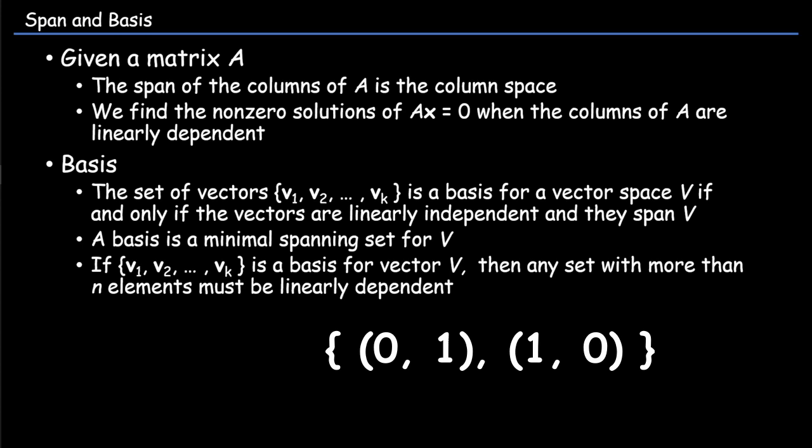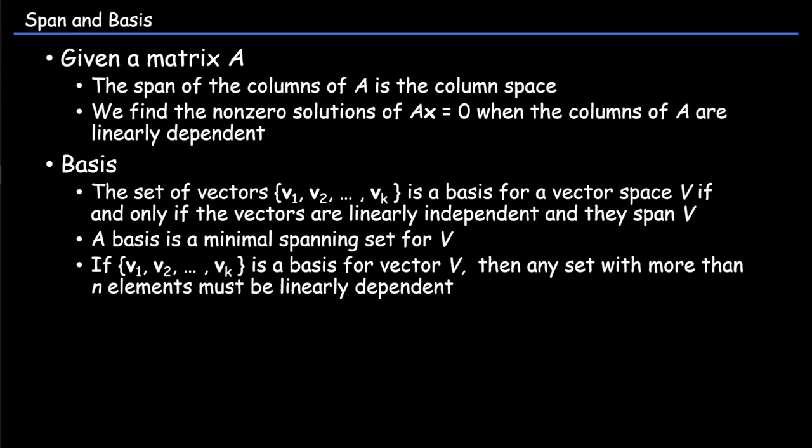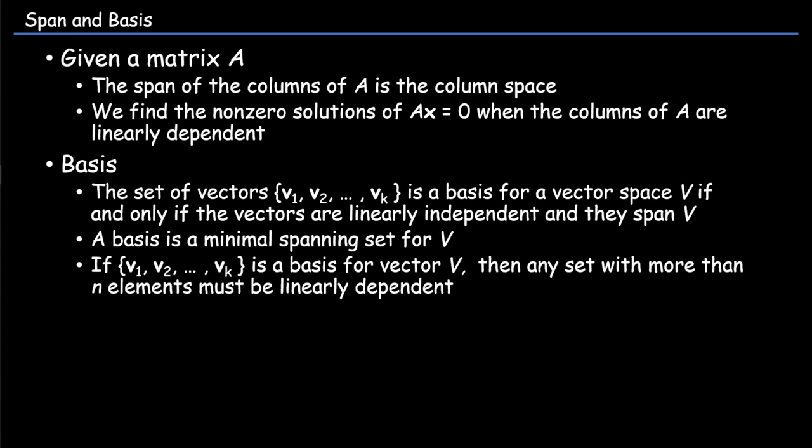If we have another set that is 1 0, 0 1 and then 2 3, 2 3 must be linearly dependent, because we can write it as a linear combination of 1 0 and 0 1. You can write it as 2 times 1 0 plus 3 times 0 1, and you get the new point 2 3.